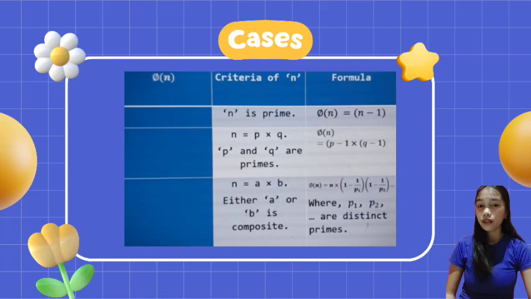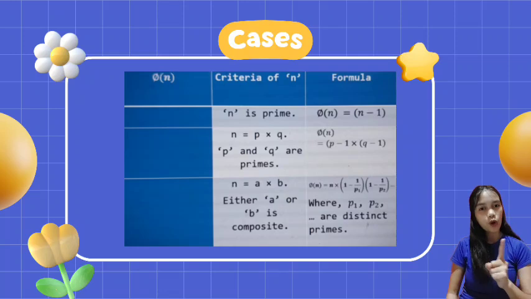But how about if n is a composite number and one of the factors is a composite number too? What are we going to do? Don't worry, because we have case number 3.